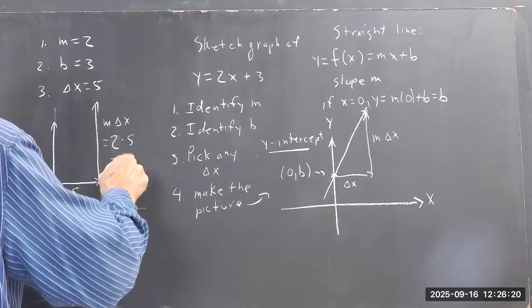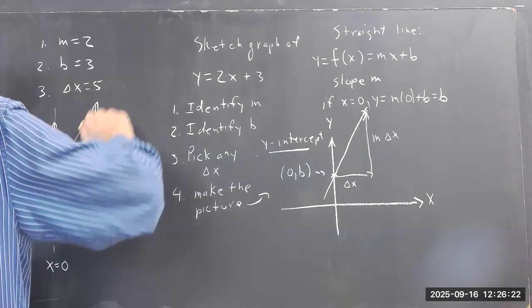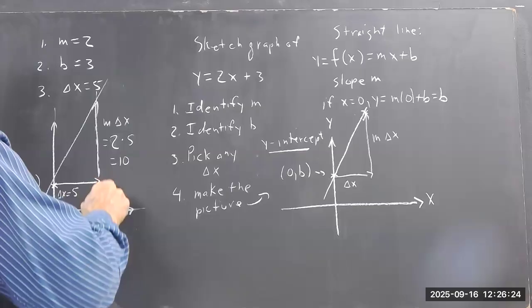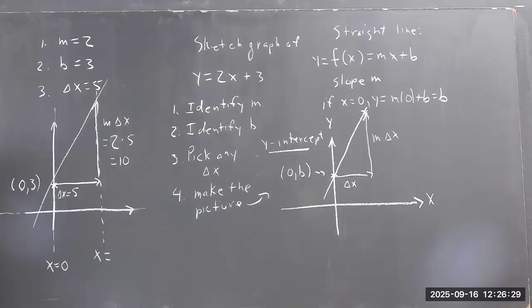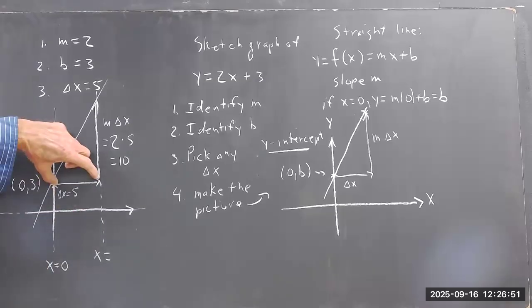Over 2 times 5, which is 10. There's our graph. And what's this line? x equals what? Show me with your fingers. Now my delta x was 5, and I started on line x equals 0. How far is it from here to here? This arrow is 5 units long.